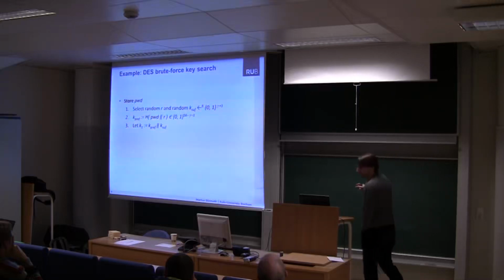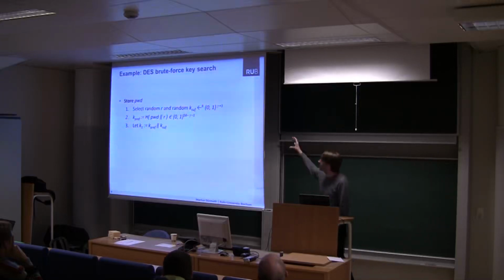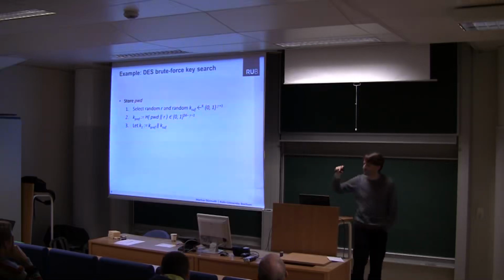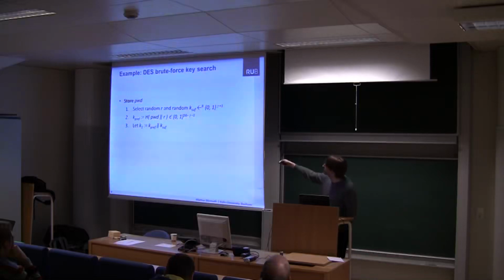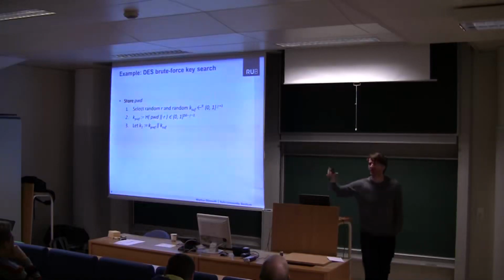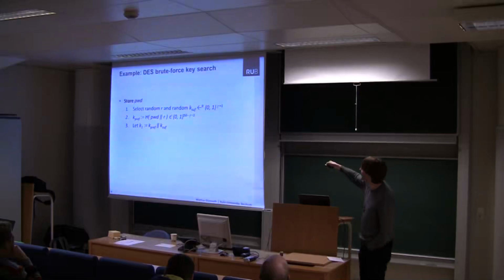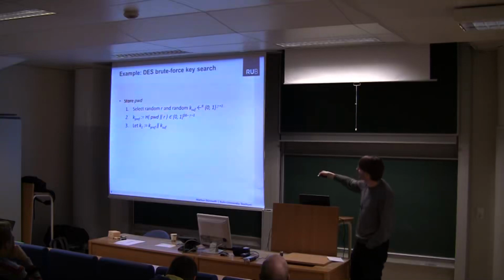Now, for storing a password, so this is about the function H*. For storing a password, you are selecting, first of all, a random value R and a random second part of the key, the suffix, which has size gamma plus 1. So this is the part that you're going to brute force later. And you're selecting a prefix, but not random, well, kind of randomly, but not choosing it uniformly at random, but by hashing this random value and the password together.